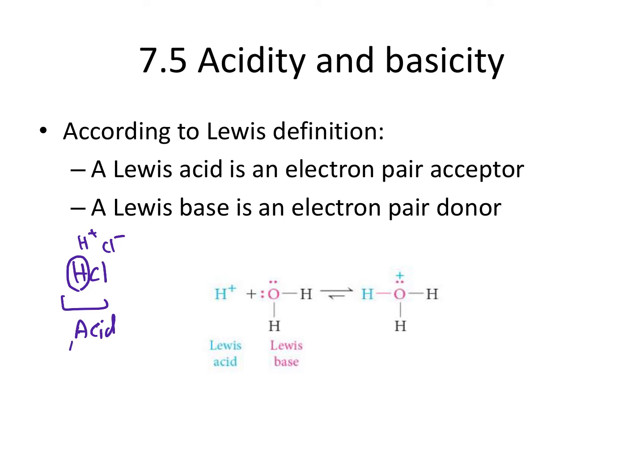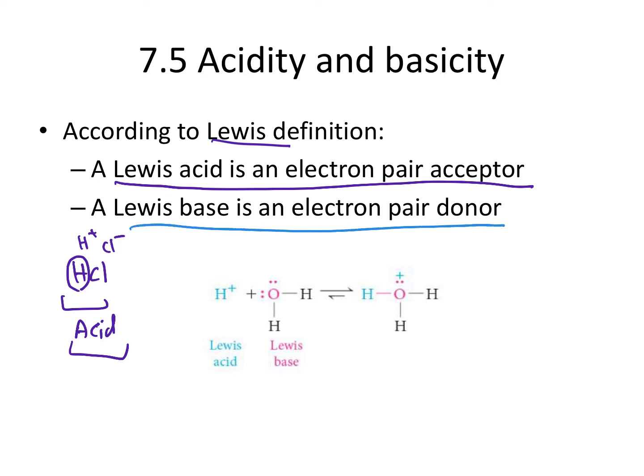So based on the Bronsted-Lowry definition, an acid wants to donate a proton. Based on the Lewis definition, a Lewis acid is an electron pair acceptor. It wants to accept an electron pair. And a base would be the opposite of that. So if an acid wants to accept an electron pair, a base would want to donate an electron pair. Does that make sense?